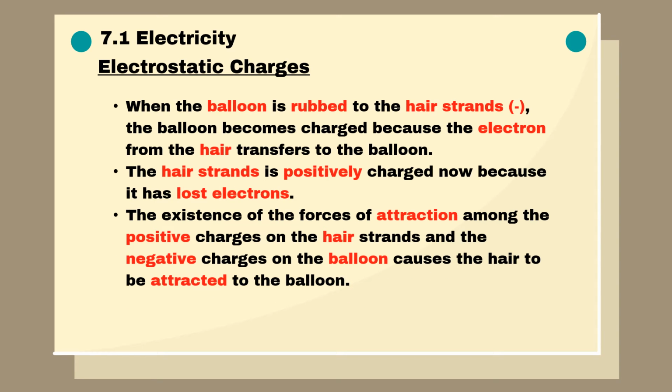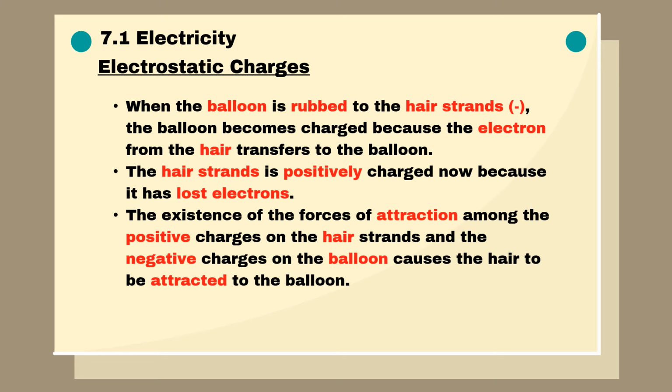When the balloon is rubbed to the hair strands, the balloon becomes charged because the electrons from the hair transfer to the balloon. The hair strands is positively charged now because it has lost electrons.